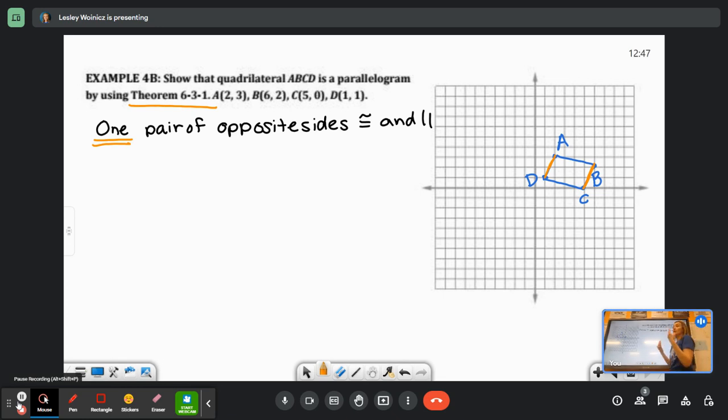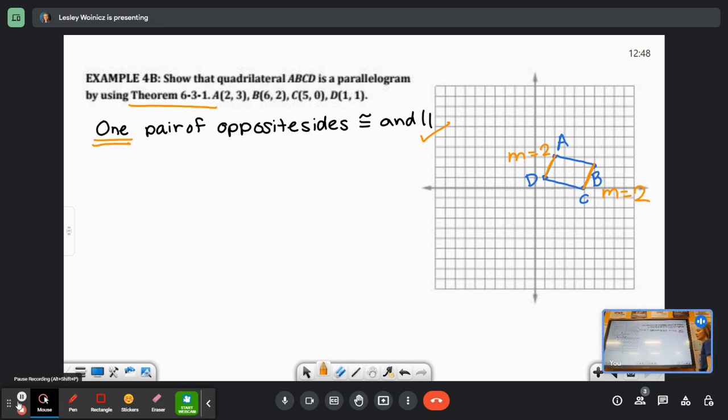So we only need to do one pair. As far as parallel goes, this one has a slope of 2. This one has a slope of 2. Easy. Done. Parallel. Check.